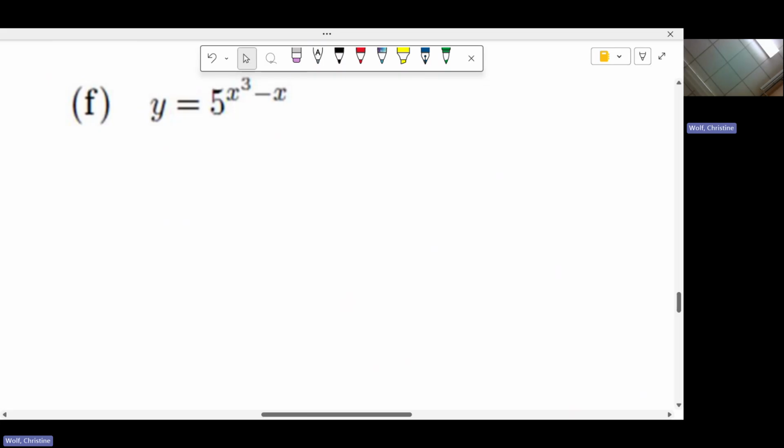Last one. I have an exponential function again, but my base is A, not E. It's a 5. Tad, do you have a question? Or an answer for me? Tell me, what am I going to do?